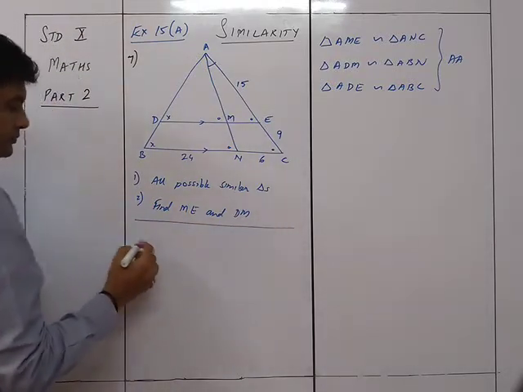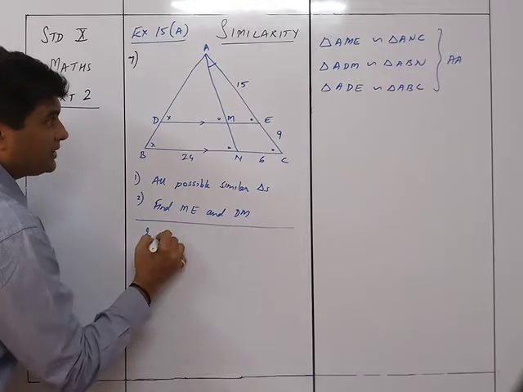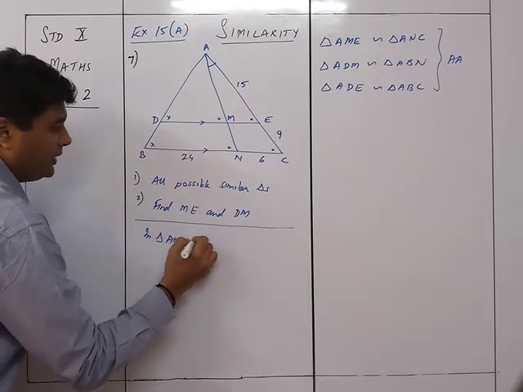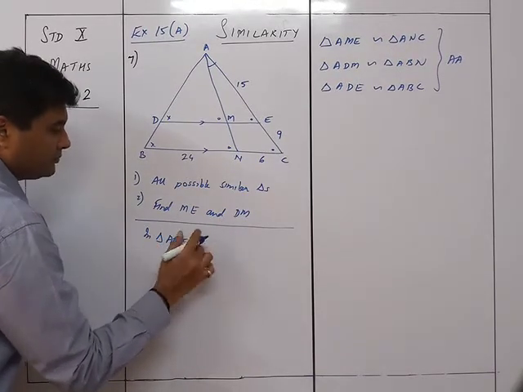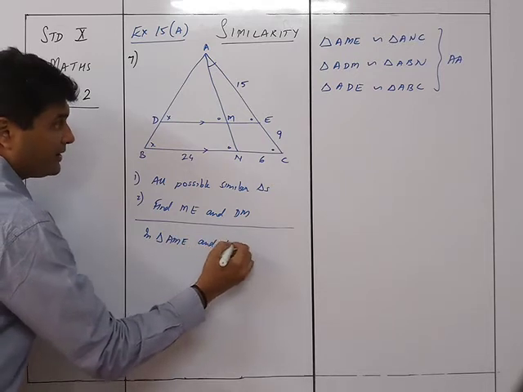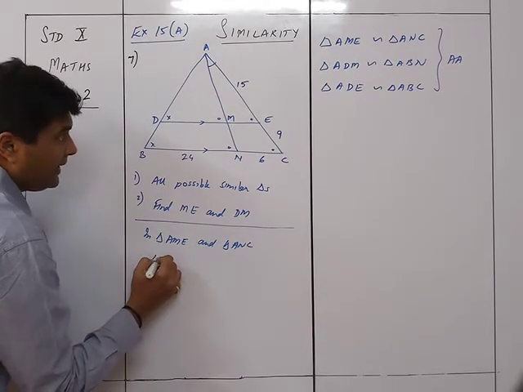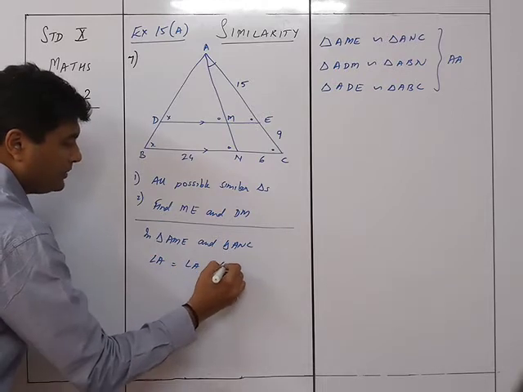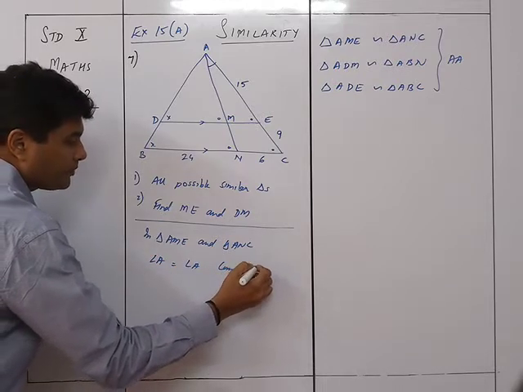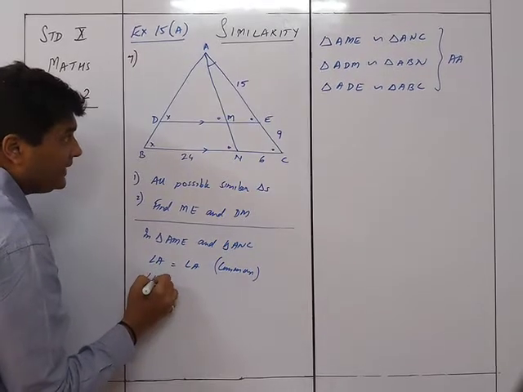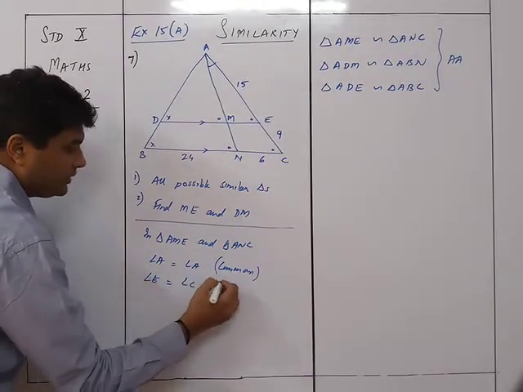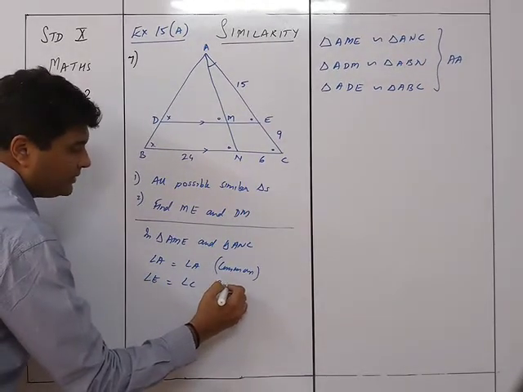I'll start from here. In triangle AME and triangle ANC, you got angle A is equal to angle A common. You got angle E is equal to angle C, alternate interior.